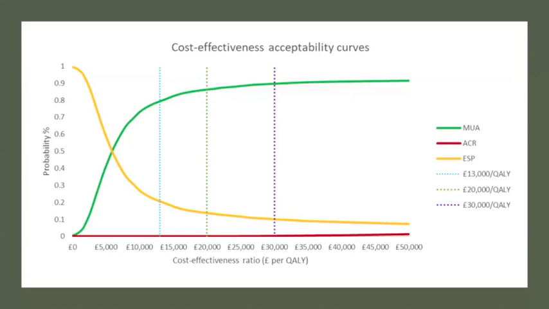So if we take the 20,000 pound threshold, for example, as willingness to pay, the probability of MUA being cost effective, which is the green line, was 89%. The probability of ESP, or the physiotherapy pathway, being cost effective was about 15%. The probability of the capsular release being cost effective was pretty much zero.